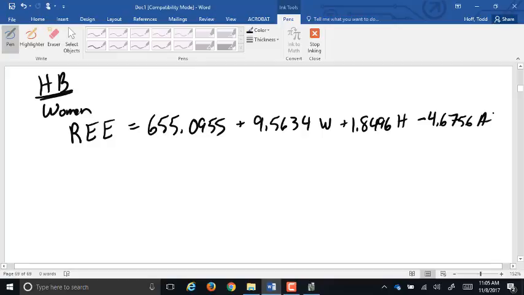Okay, so let's take a peek at this. So the Harris-Benedict equation for resting energy expenditure for women is the one I wrote down here. Let's look at Camilla.